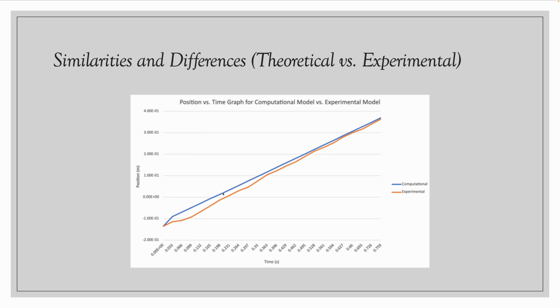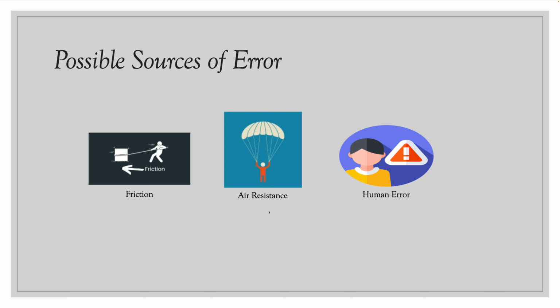So here, after building our theoretical model using GlowScript and our experimental model using Tracker, we find that our experimental model is very closely related and very linear, just like the computational model, but it still has some sort of deviance from the computational model and is not entirely perfectly straight and linear. And that could be because of friction or especially air resistance.